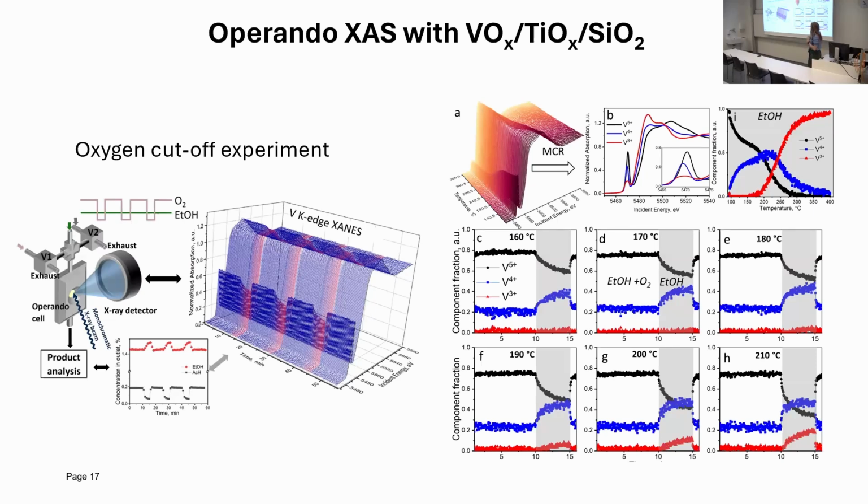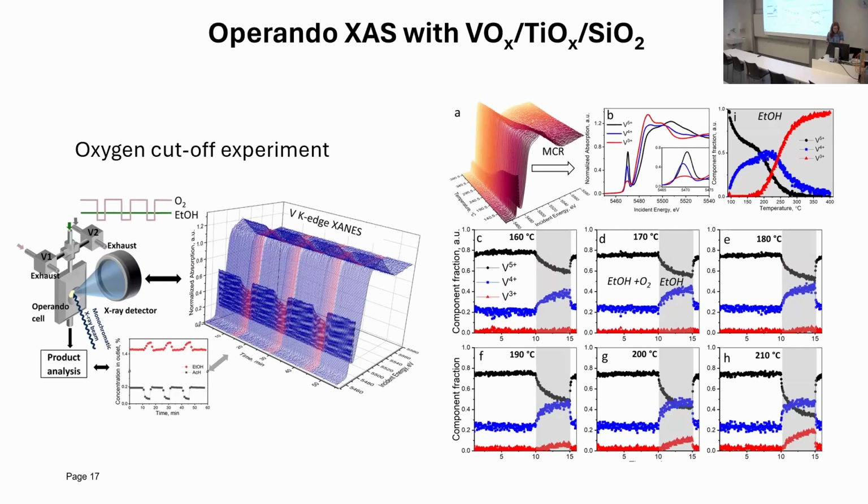When we switch off the oxygen supply, the concentration of vanadium 5+ was decreasing, vanadium 4+ was increasing, and vanadium 3+ was not changing at lower temperature. When we performed the same process, progressively increasing the temperature, we could see that vanadium 3+ also started to show its activity.